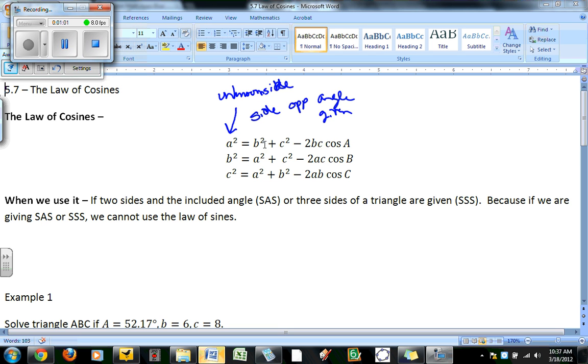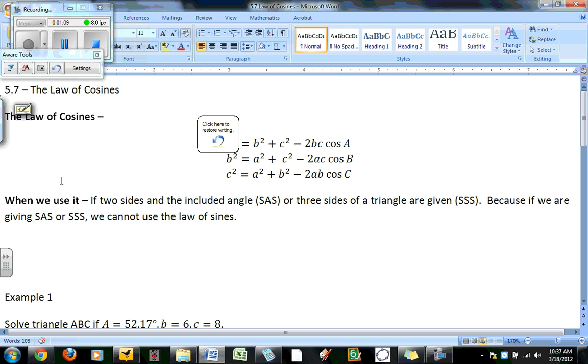And then these would be the two sides given, and this would be the angle that's given.